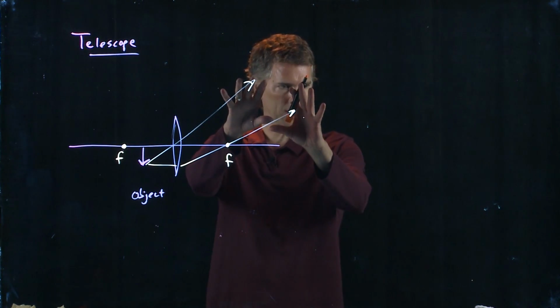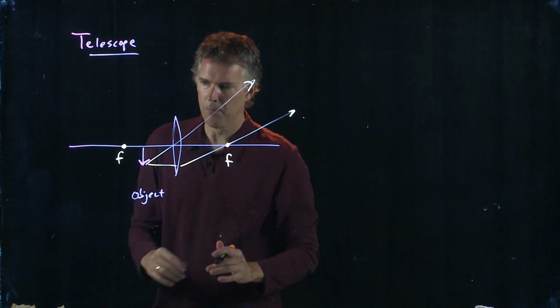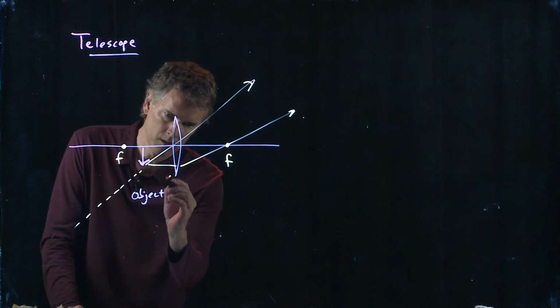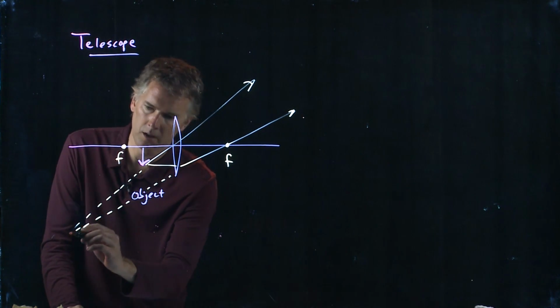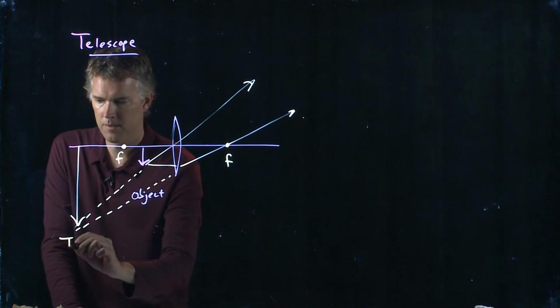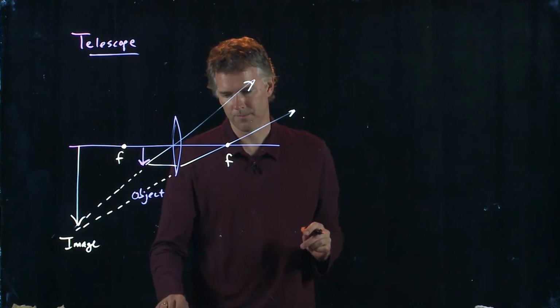The image clearly can't be located over here, right? These rays never meet. But if I trace these rays back, we did this one a second ago, it looks like the image is right there. This is where our image is.